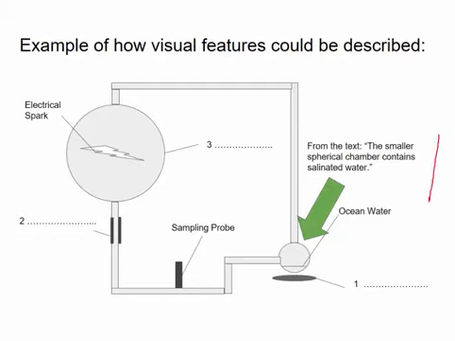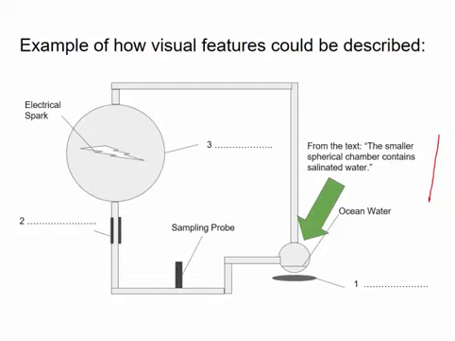Okay, the smaller spherical chamber contains salinated water. Let's imagine that that is a sentence that is found in the reading passage we're reading for this visual. Okay, so we're pretending that sentence is in a passage we've read.